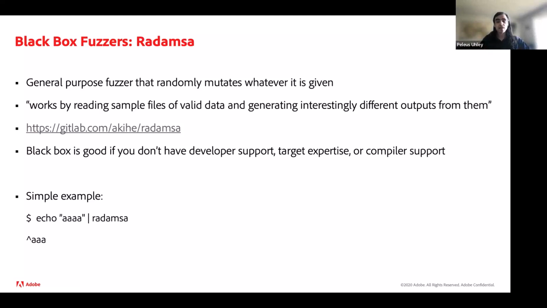This is a good way of just streaming random data into a tool. Radamsa does have a lot of options, which I'm not going into, where you can say how many bits you want to flip in each mutation and how many iterations you want to go through, etc. But this is the general concept behind it: well-formed data in, malformed data out. You can point it at anything without really being too concerned about what you're pointing it at.